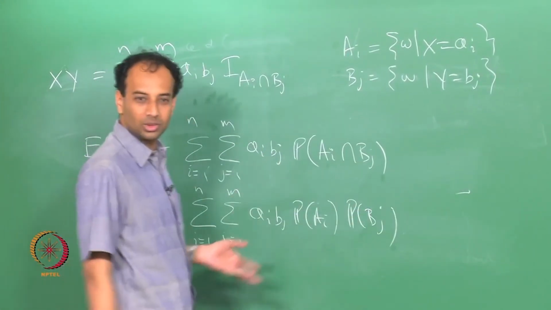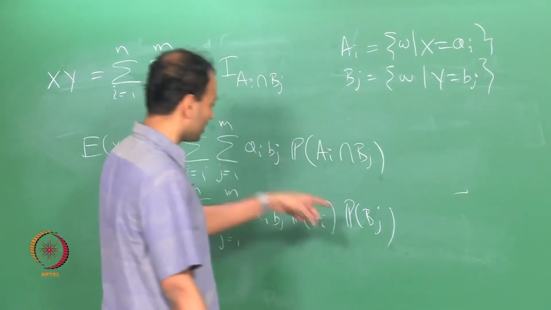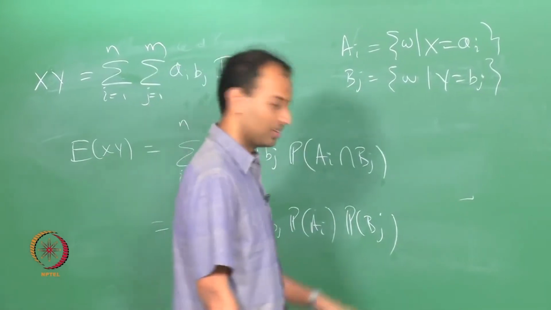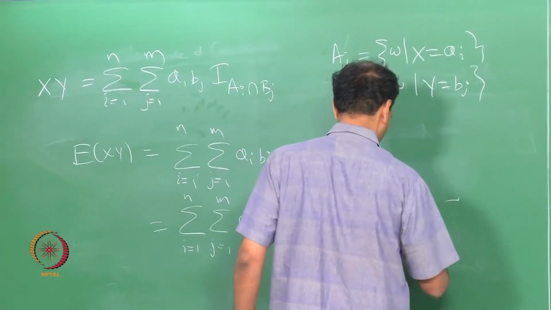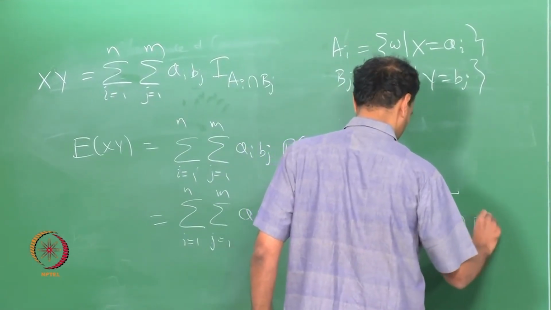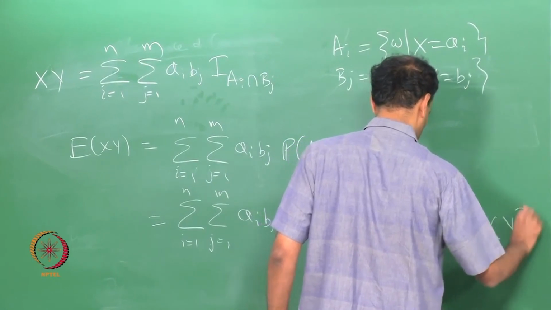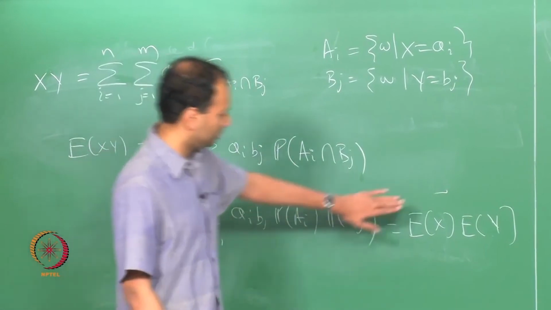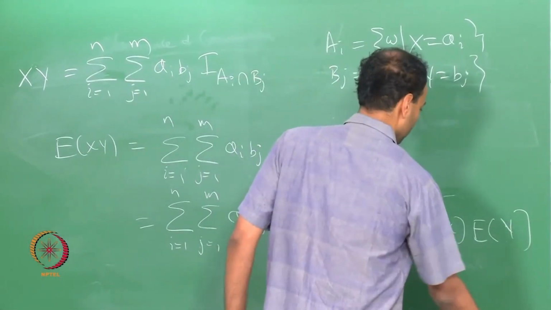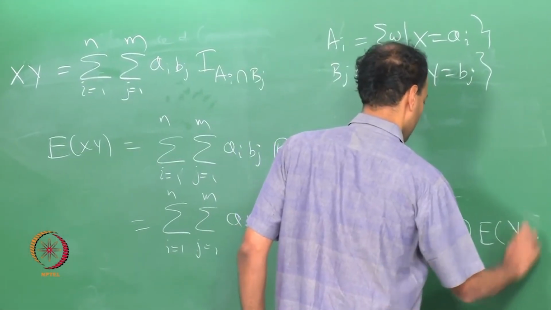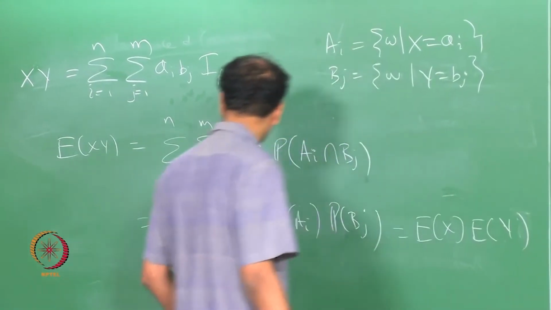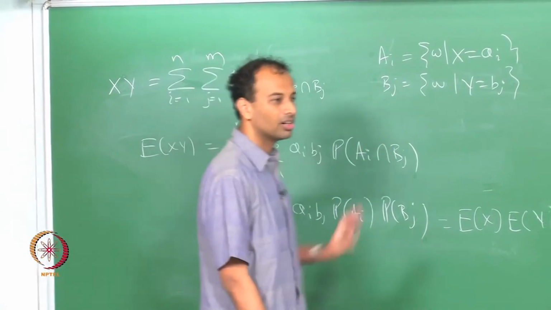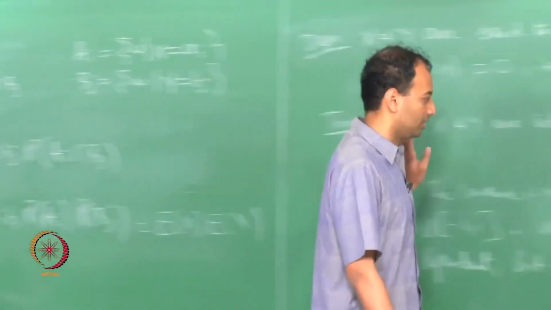So now it products out easily, right, and what you have is the expectation of x times the expectation of y, right. So we have shown it for simple random variables.